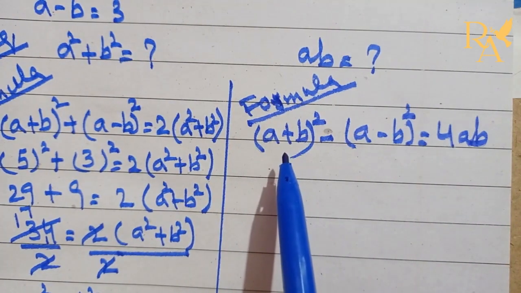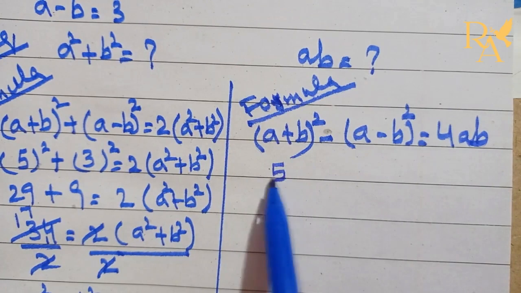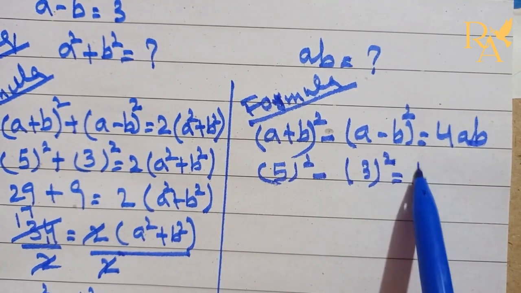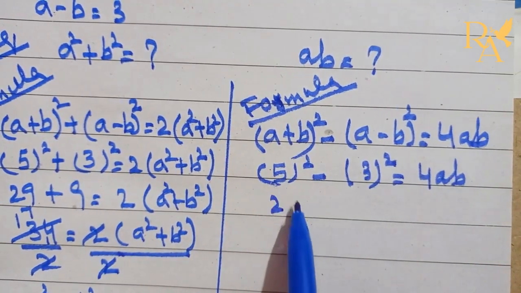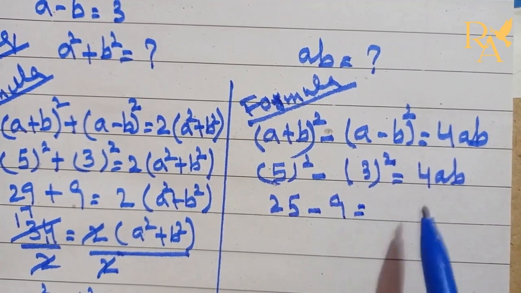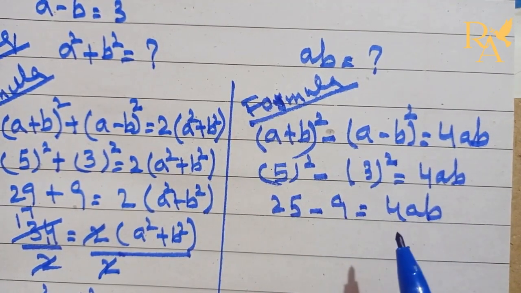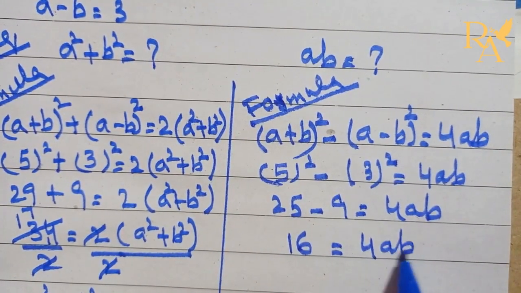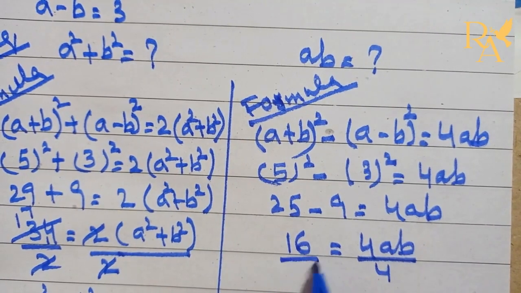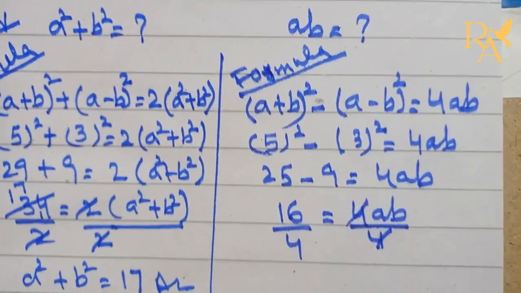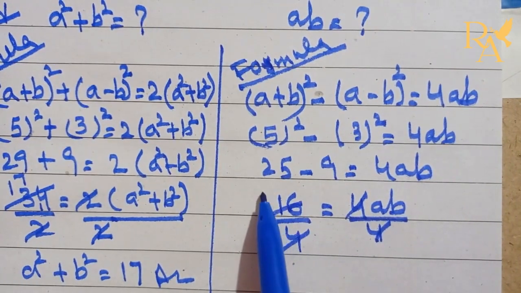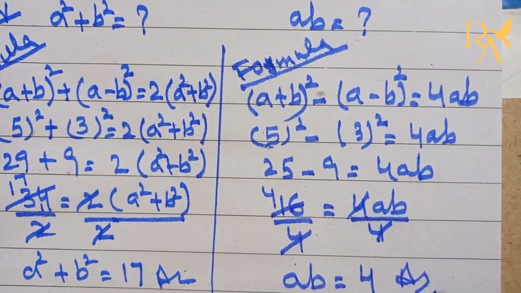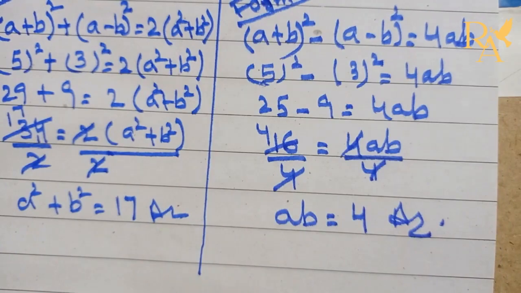By putting the value of A plus B is equal to 5 square minus A minus B 3 square is equal to 4AB. 5 fives are 25 minus 3 threes are 9 is equal to 4AB. 25 minus 9 is equal to 16, which is 4AB. Now divide both sides by 4. 4 ones are 4, 4 ones are 4, 4 fours are 16. So the value of AB is equal to 4. This is the answer of the given question.